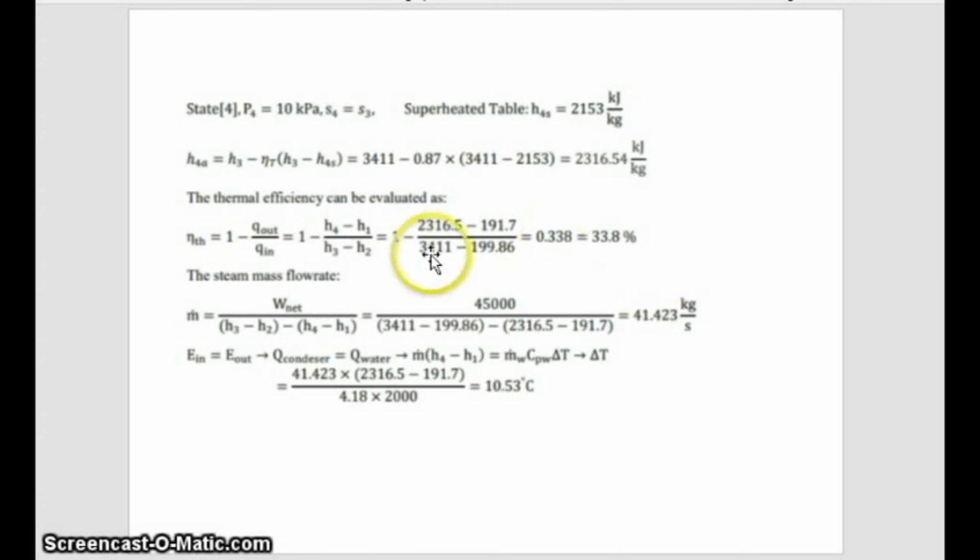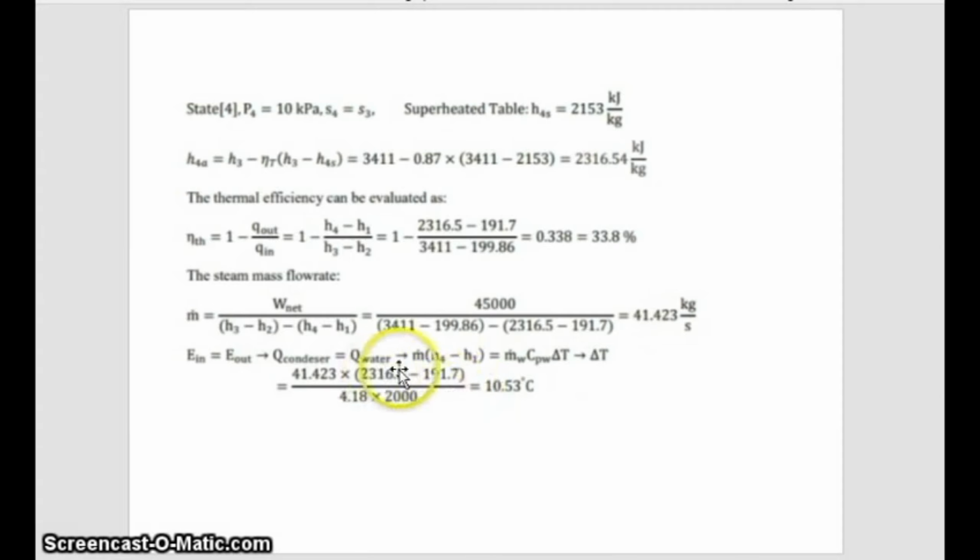Okay, this must be based on the actual value. Mass flow rate is based on W net dot equal to m dot delta H. So put in the values that you got from the calculation, and then you will get m dot is 41.42 kilograms per second.